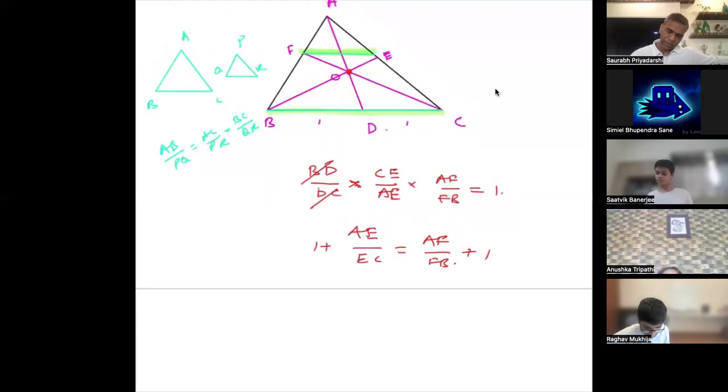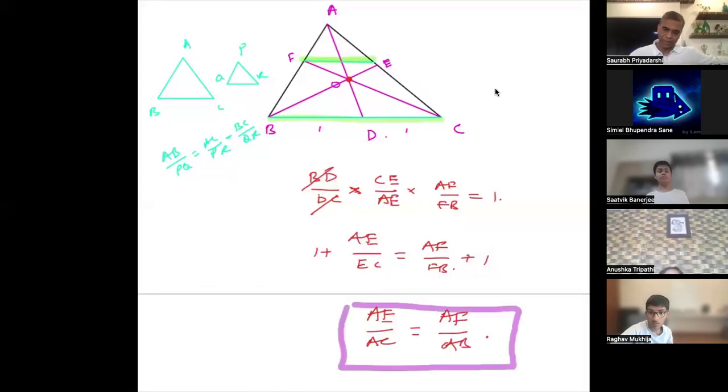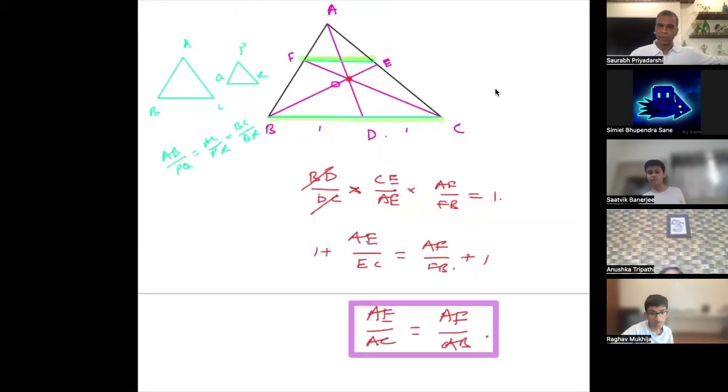By BPT, both triangles AFE and ABC are similar.